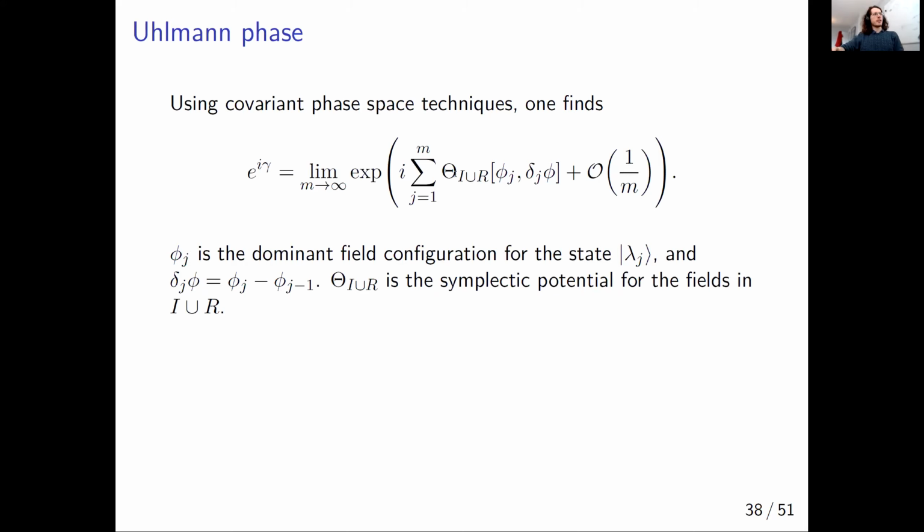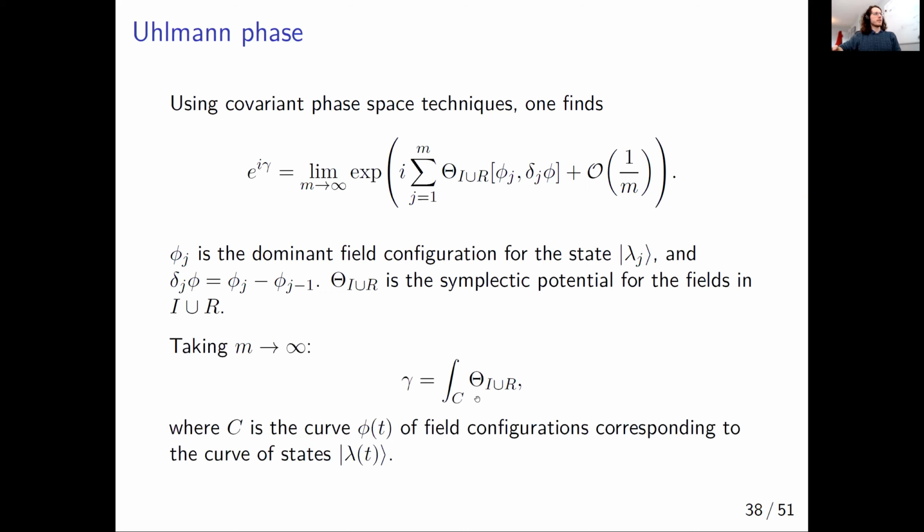Capital theta, I union r, is the symplectic potential for the fields in the island and R. Now we can take the limit as m goes to infinity, and this sum just converts into an integral. So it's the integral of the symplectic potential along the curve of field configurations corresponding to the curve of states lambda t.